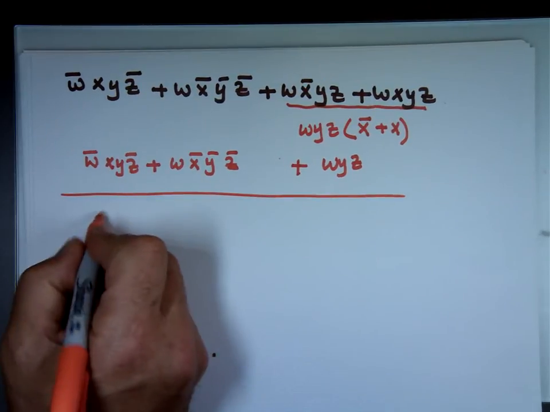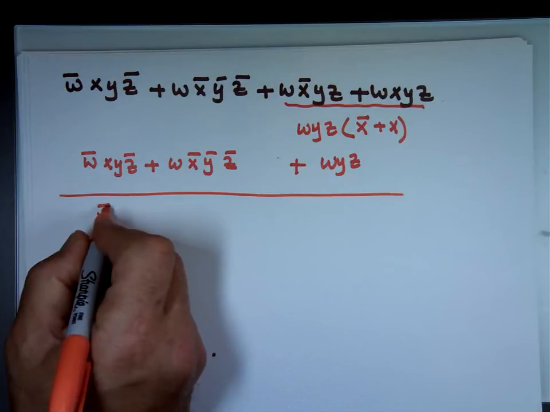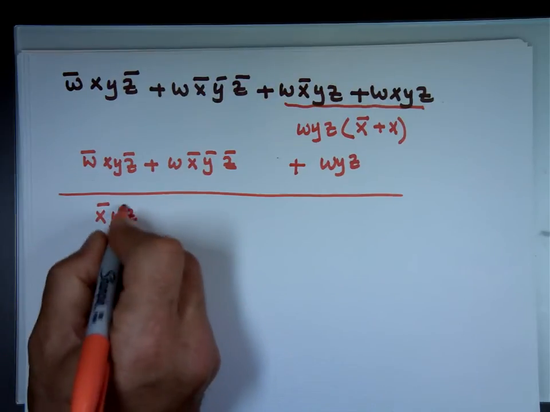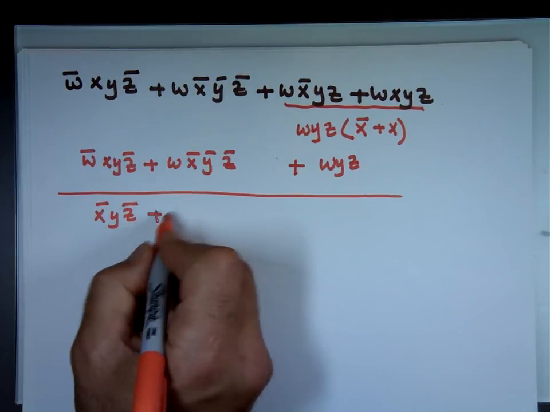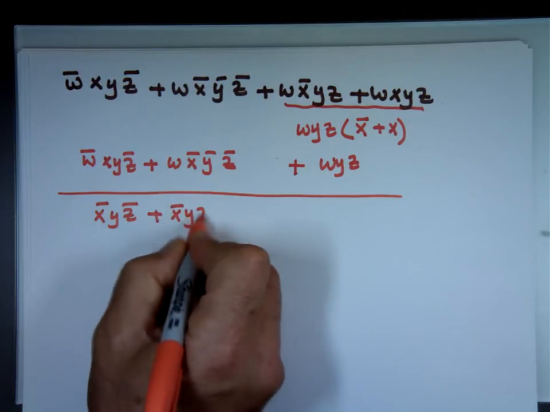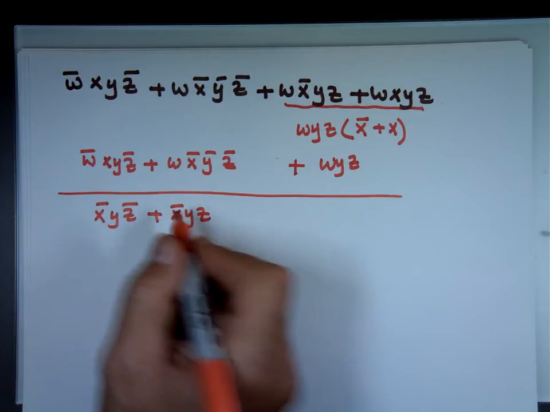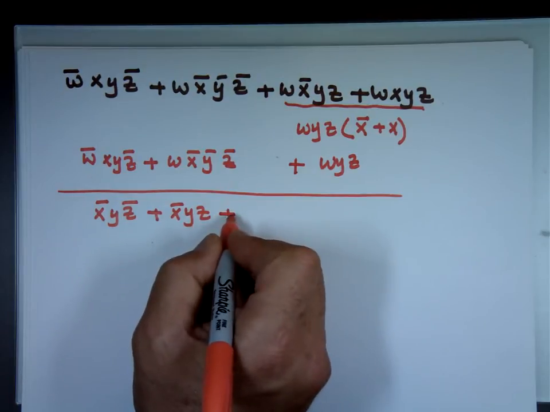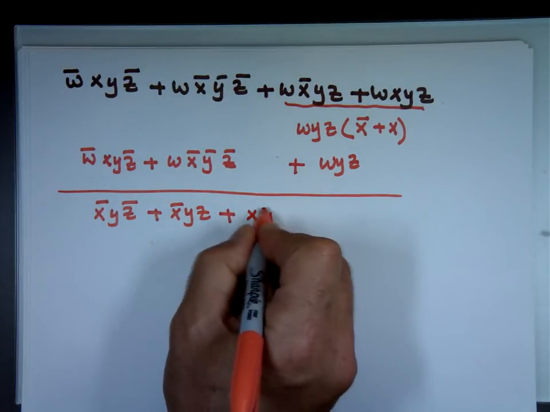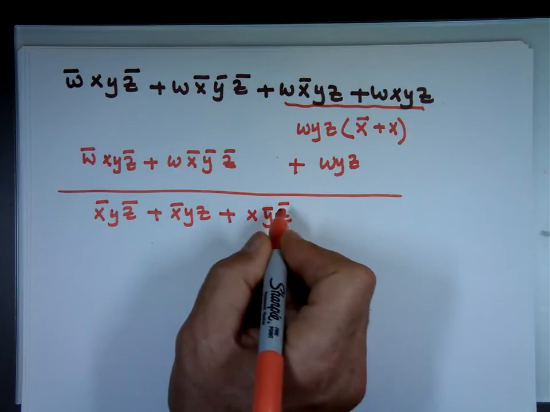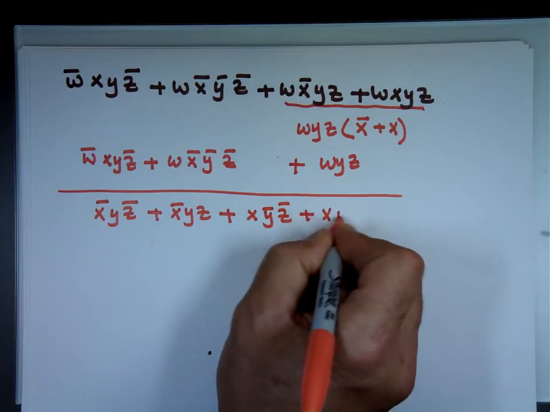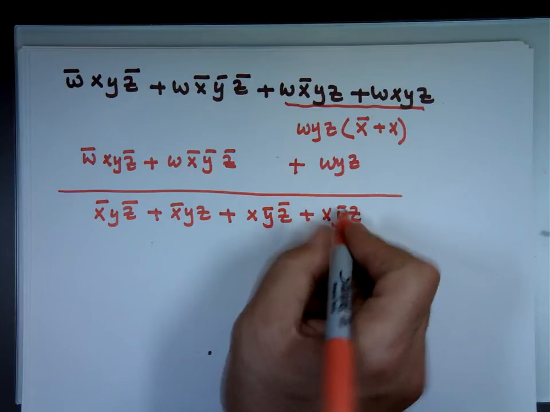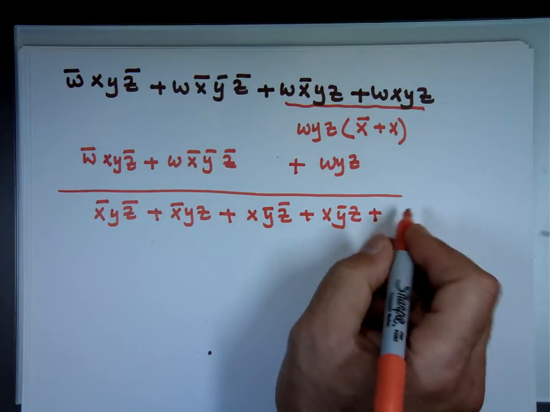I have X bar, Y, Z bar, plus X bar, Y, Z, plus X, Y bar, Z bar, plus X, Y bar, Z, plus X, Y, Z.